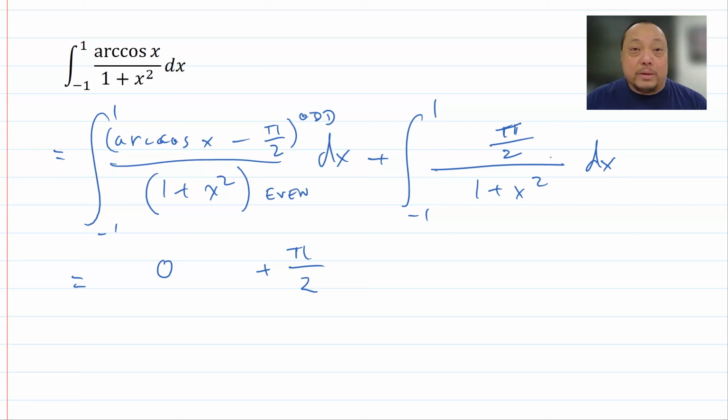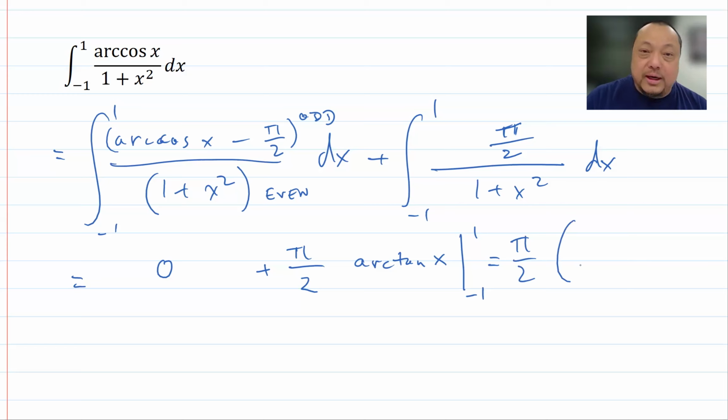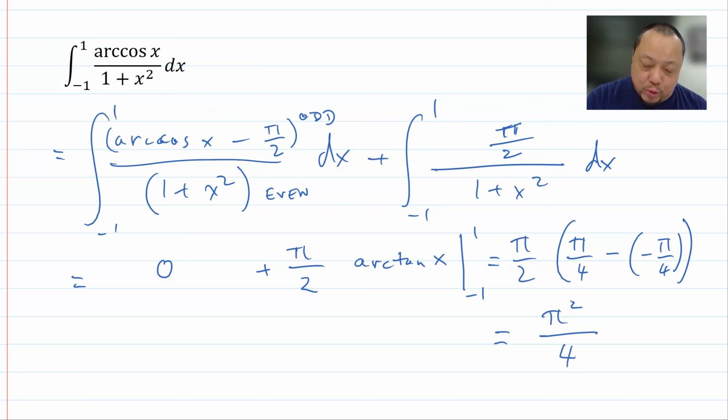The dx over 1 plus x squared, the integral of it is arctangent from negative 1 to 1. So that's equal to pi over 2 times. Arctangent of 1 is pi over 4. Arctangent of negative 1 is negative pi over 4. So that's another pi over 2 in parentheses there, times the pi over 2 on the outside. I get pi squared over 4. So pi squared over 4 is the final answer.